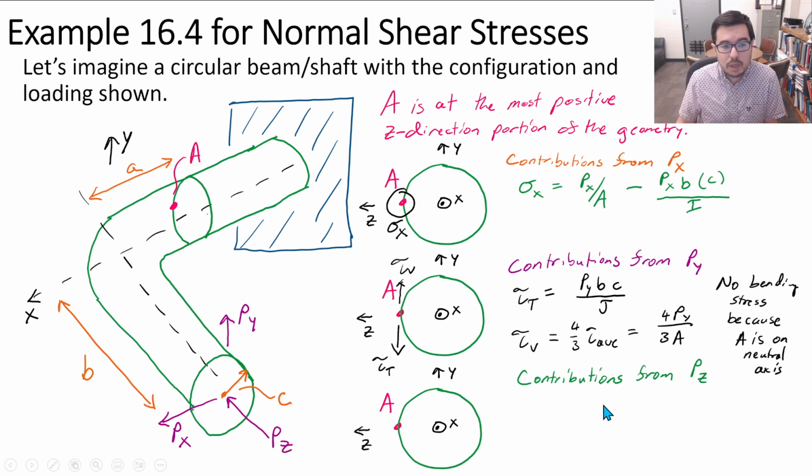Okay, let's move on to contributions from Pz. So here's Pz, and we can see it's going to cause some type of normal bending stress. Is it going to be putting the system into compression or tension at A? Well, it looks like it's going to be causing a bending moment in the minus y direction, similar to what we saw with Px.